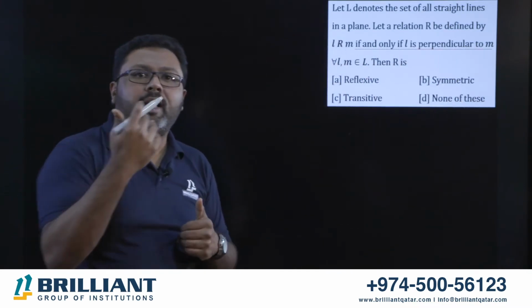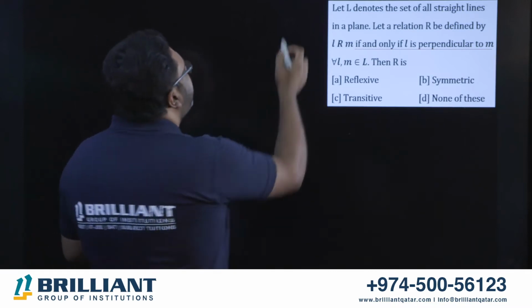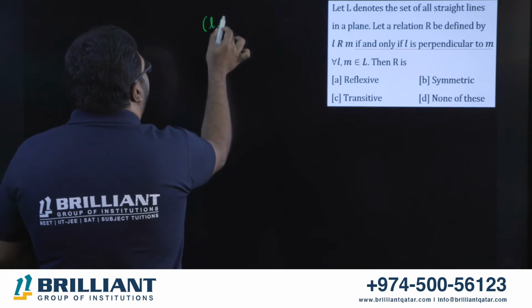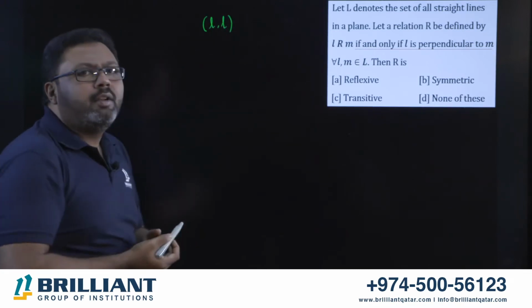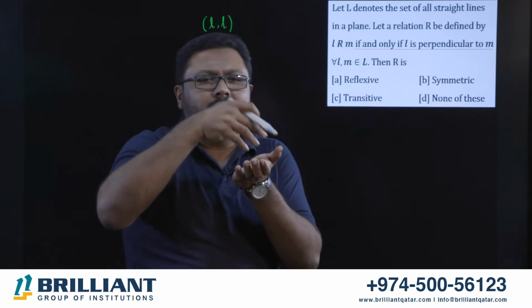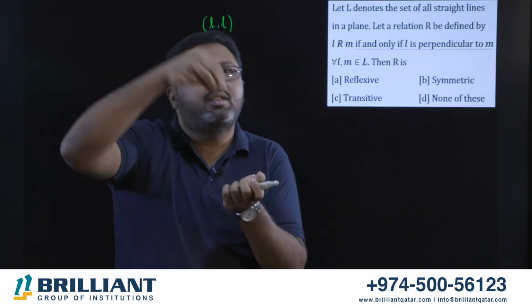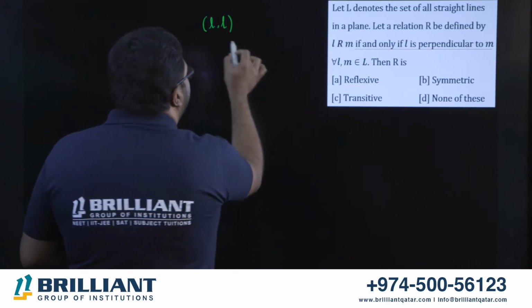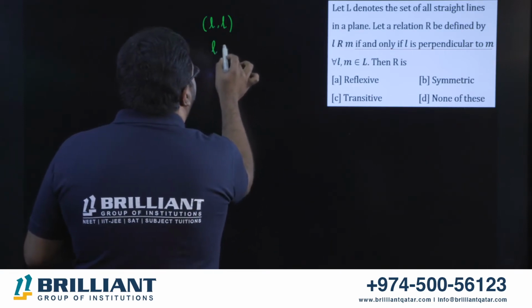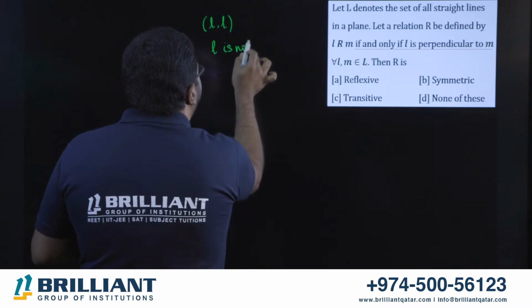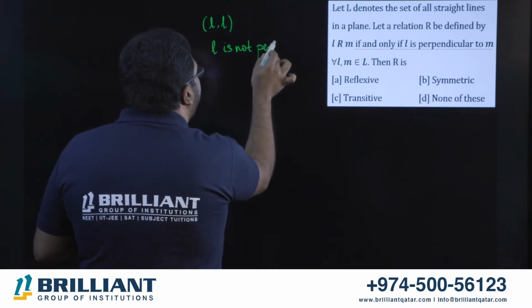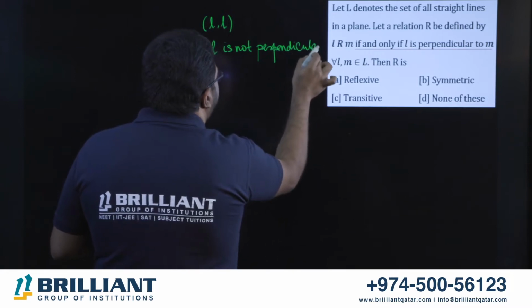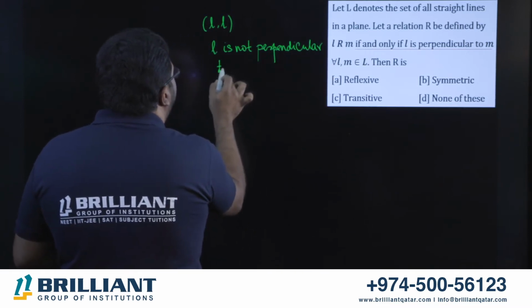L is perpendicular to M. If I talk about a line and itself, a reflexive pair is always a relation from an element to itself, L comma L. So can a line L be perpendicular to itself? L is not perpendicular to itself, right? L is not perpendicular to L.